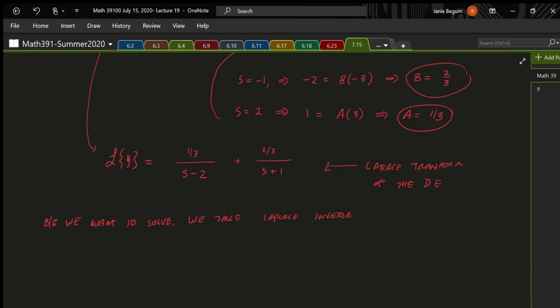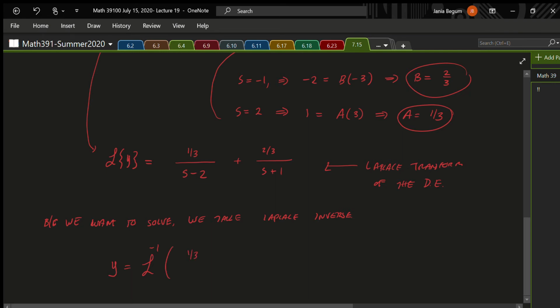So if I do the Laplace inverse on the Laplace transform we have, now we have y is equal to the Laplace inverse of 1/3 over s minus 2 plus the Laplace inverse of 2/3 over s plus 1. And by doing the inverse, here is when you're going to use the table.